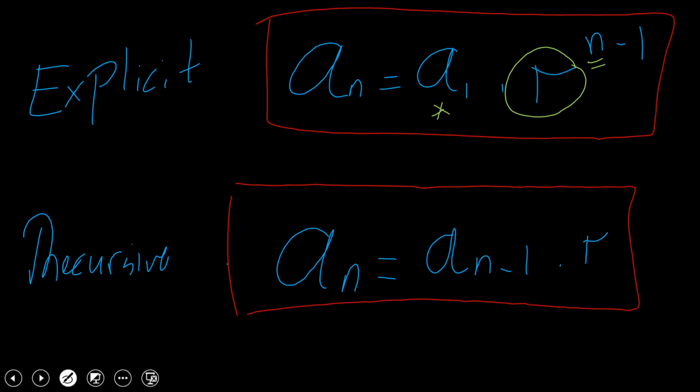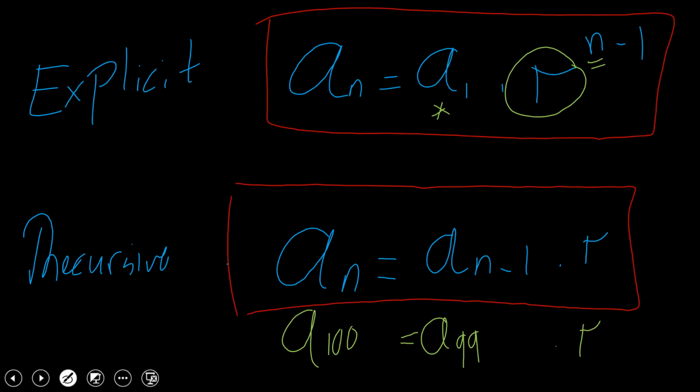But in the recursive formula, if you want to find a sub 100, what do you need? You need r, the common ratio, and you also need a sub 99. Does it seem to be difficult?